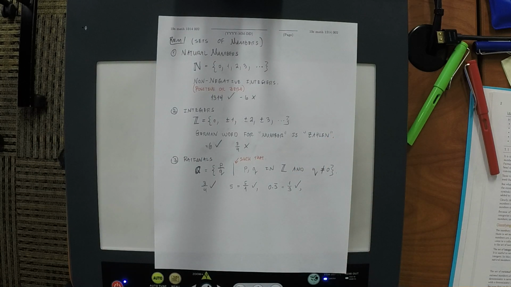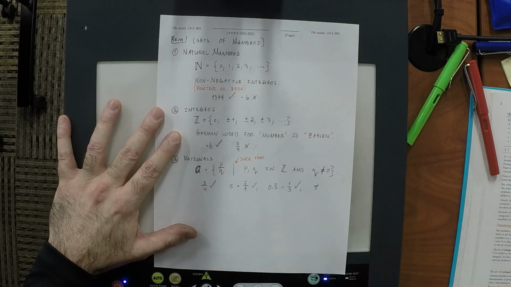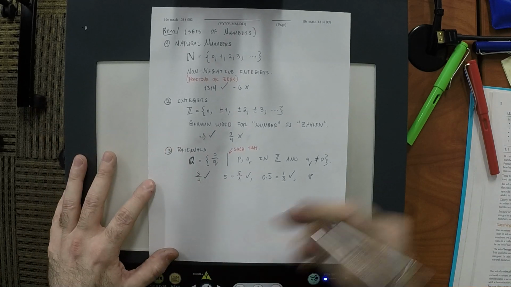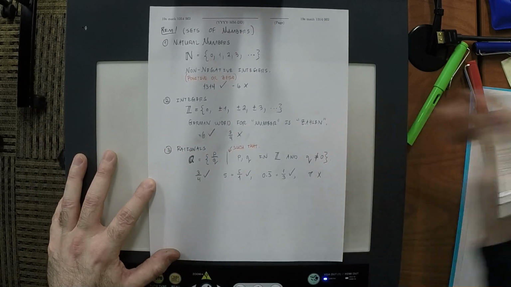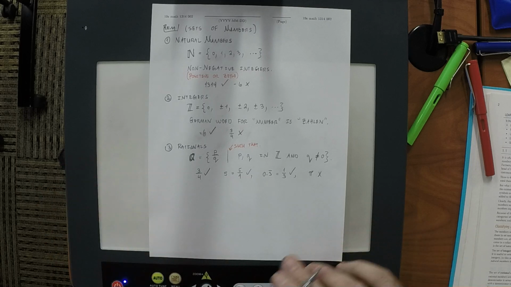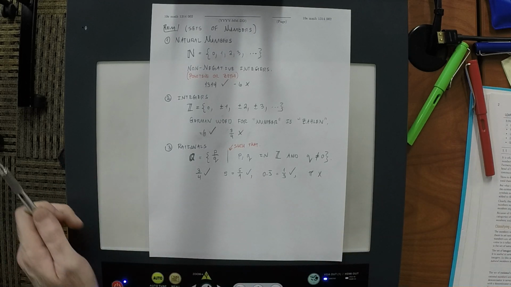How about something that's not rational? Pi. By that I mean the circle constant, the one that you deal with in trigonometry. It's not rational. Now that's kind of a big statement. We're not going to be able to say why that's the case in this class, but I promise you I'm not lying. Pi is not rational.